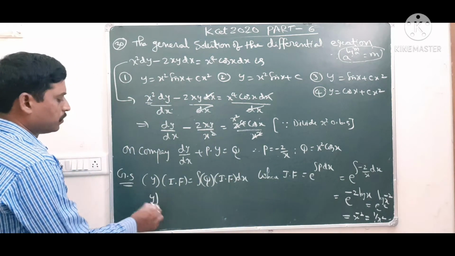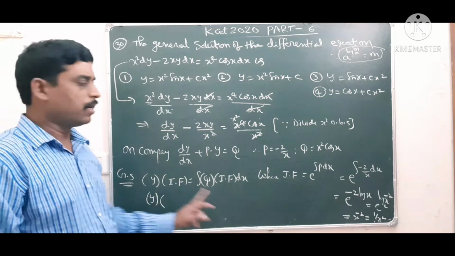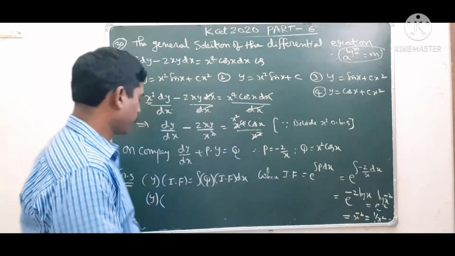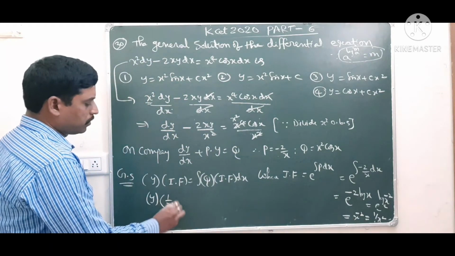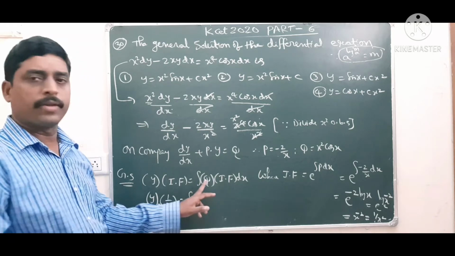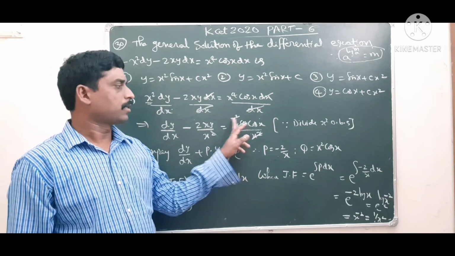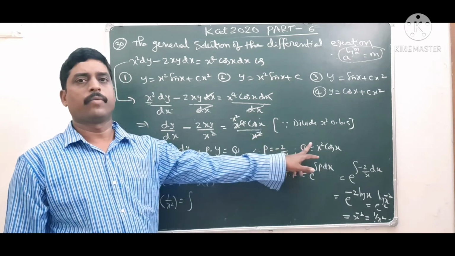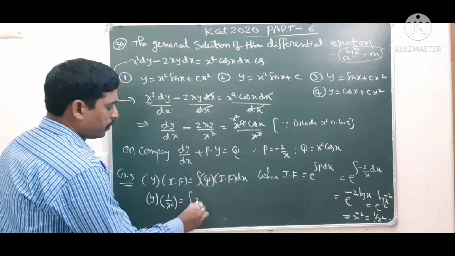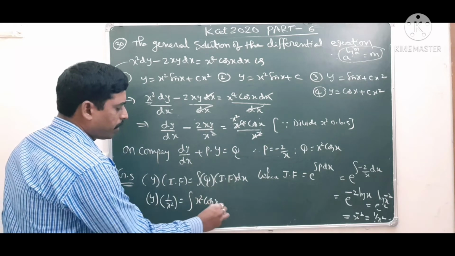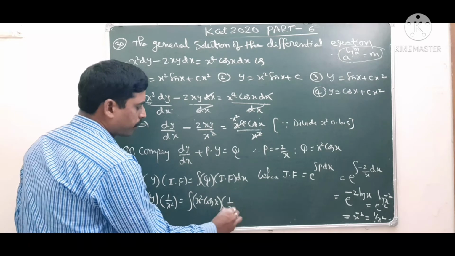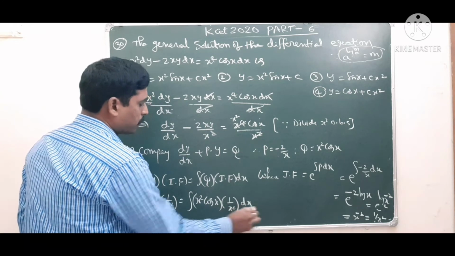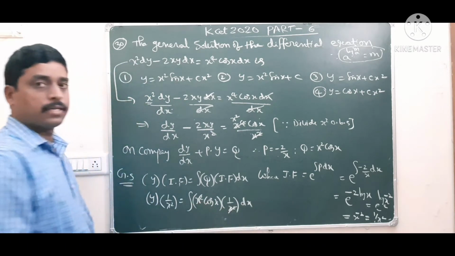Now y into integral factor, we got 1 by x square, is equal to integral of q into integral factor, where the q value is x square cos x. Q value x square cos x into integral factor 1 by x square. So x square on x square get cancelled.